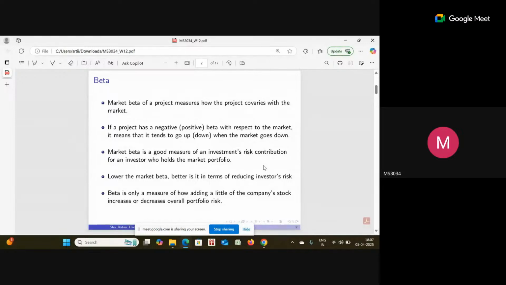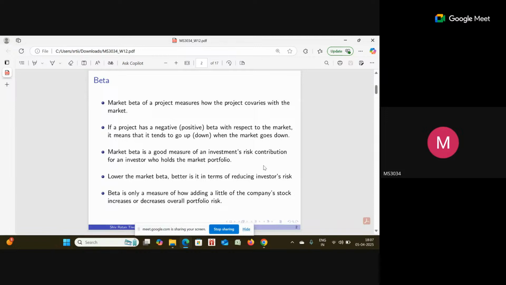In the class we discussed that if you have full market access, then the optimal risky portfolio which you form will be the market portfolio. And if a particular asset has a lower market beta, it is good in terms of reducing overall risk, and so an investor would be willing to add this asset to his portfolio because it is reducing his overall risk.